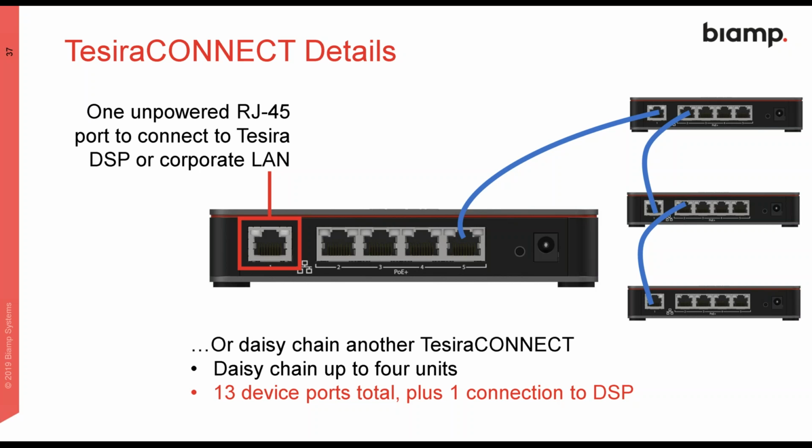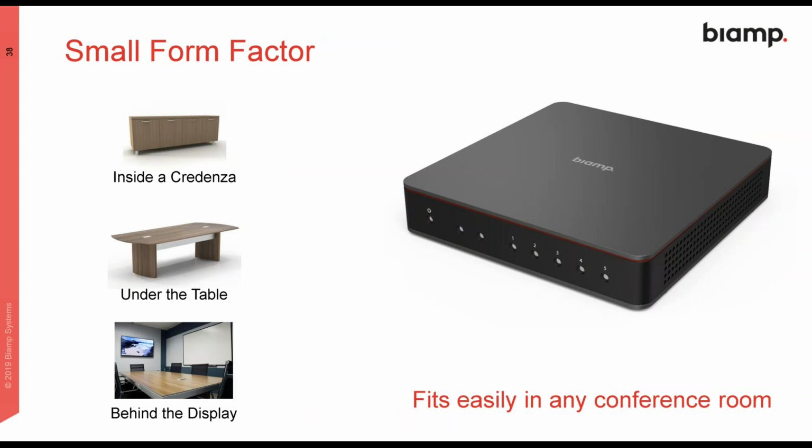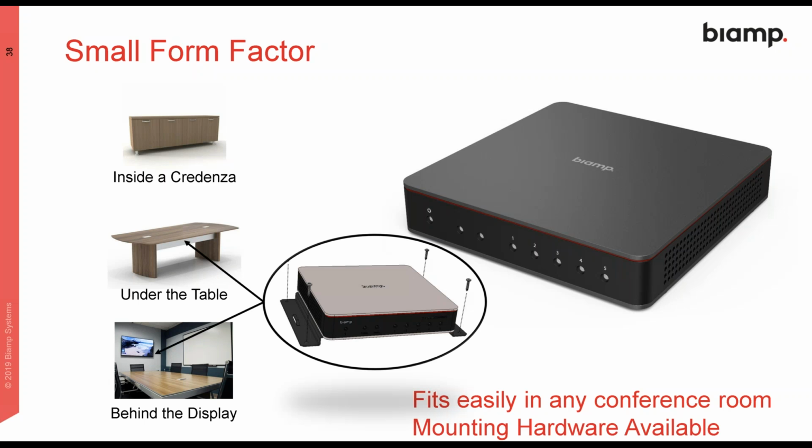So with 13 ports, you can do a lot of rooms already. It's small, so you can put it in a credenza, under a table, or behind a display. It comes with brackets, so it's very quick to install.